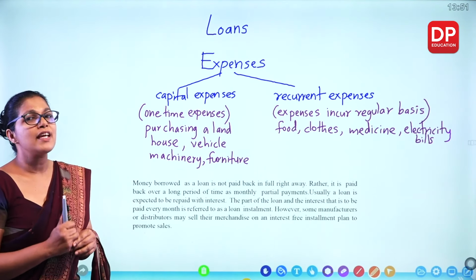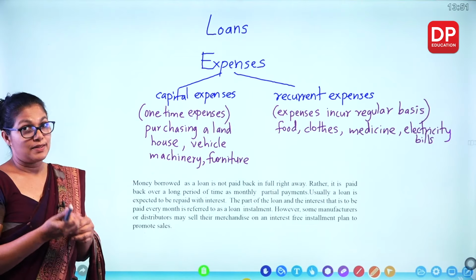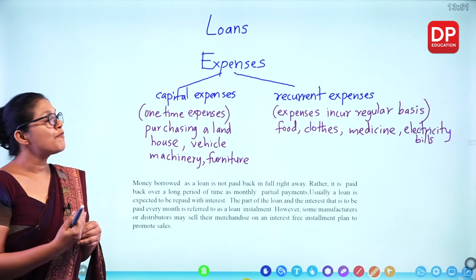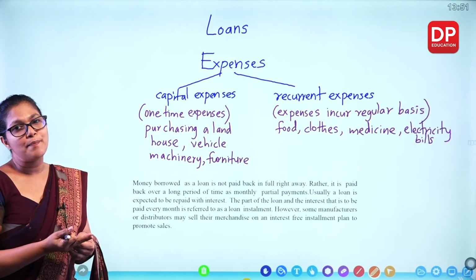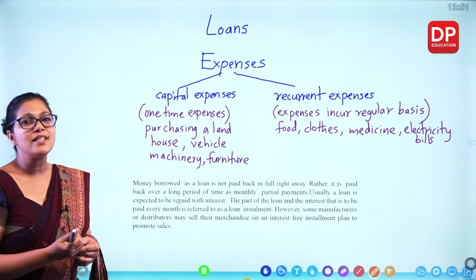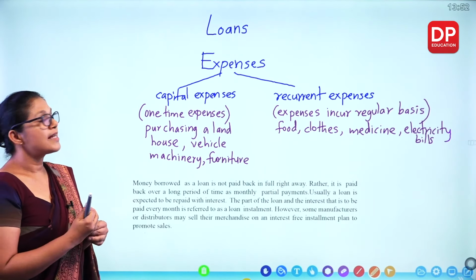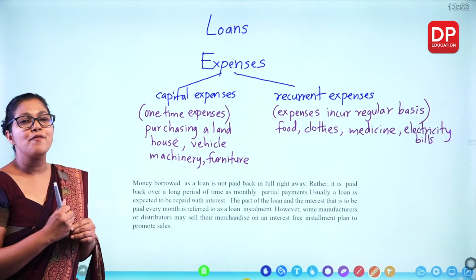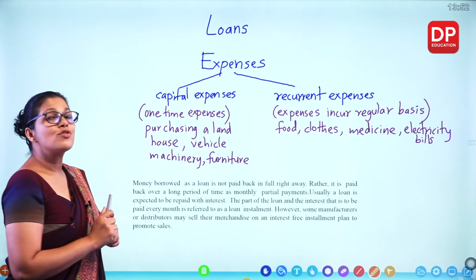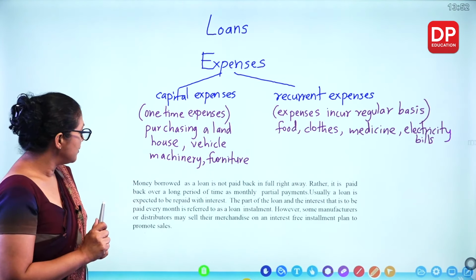But do you think it's possible? As a country, we have to take money from other countries for development. So when it's a huge amount, we can't just pay that at once. So we have to take loans. So that's why we need to talk about loans.